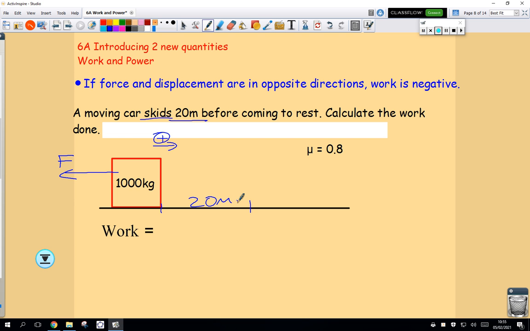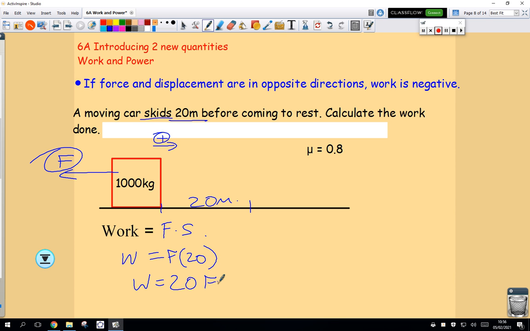Work is defined as being force multiplied by displacement. The force here is going to be a negative force. So work is going to be that force multiplied by 20, equal to 20 by whatever that friction force is.